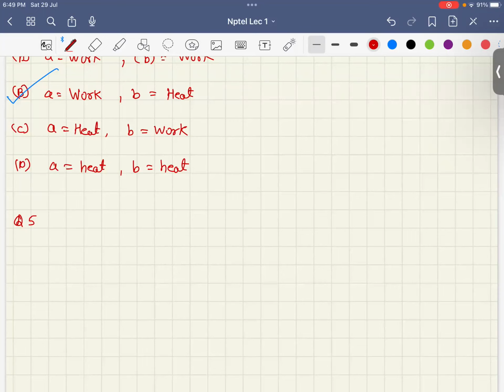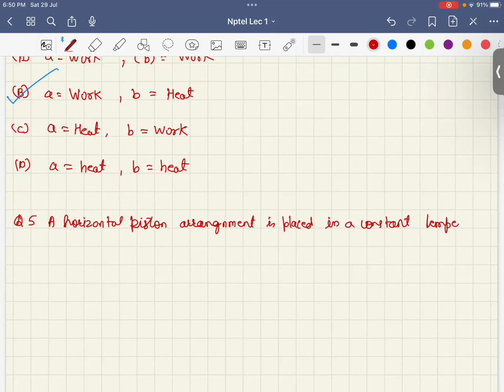Question number 5. A horizontal piston arrangement is placed in a constant temperature bath, right?